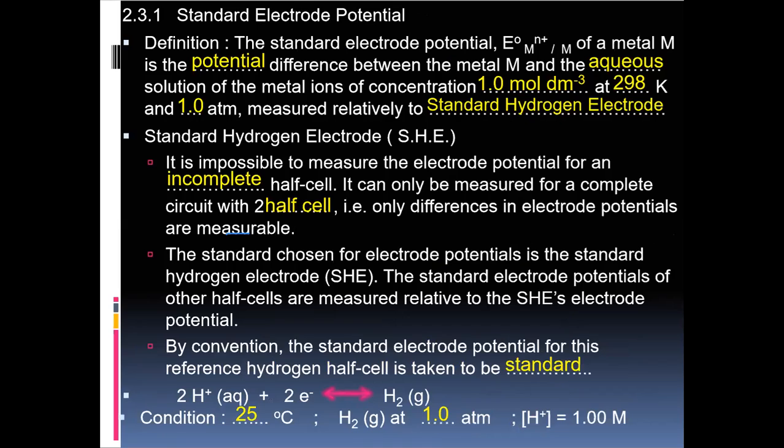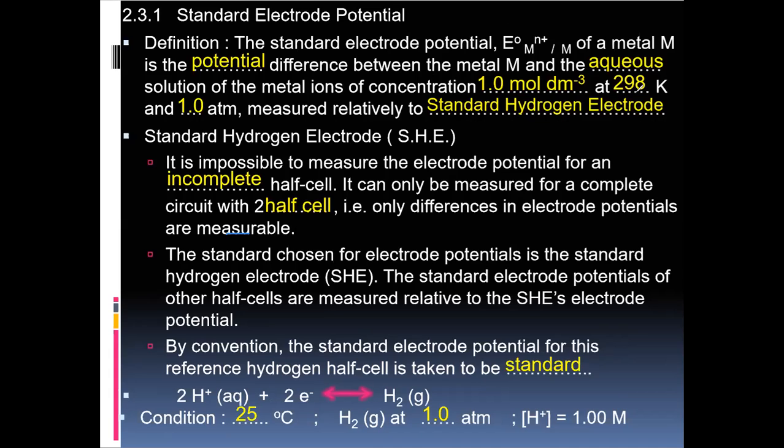We talked about electrode potential, but we also have what we refer to as a standard electrode potential. By definition, the standard electrode potential E naught of any metal ion, that is E naught of any Mn+ / M for a metal M, is the potential difference between the metal and the aqueous solution of the metal ion of concentration 1.0 mole per dm cube at standard temperature and pressure.